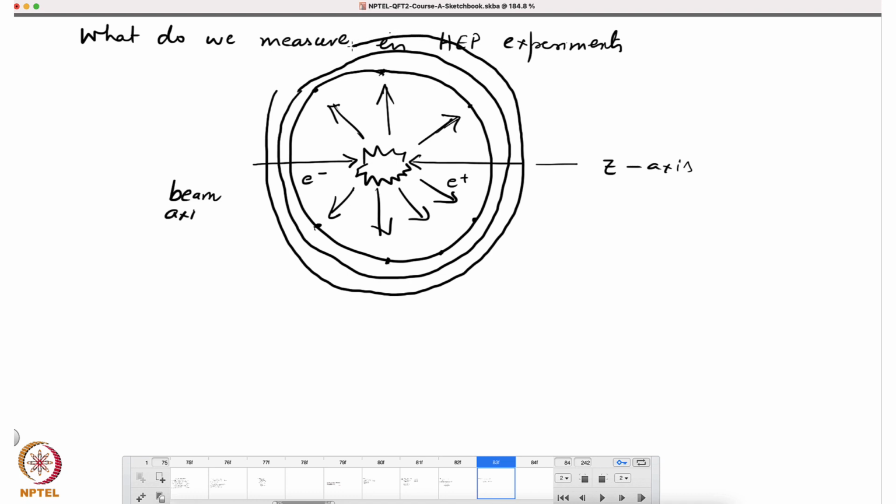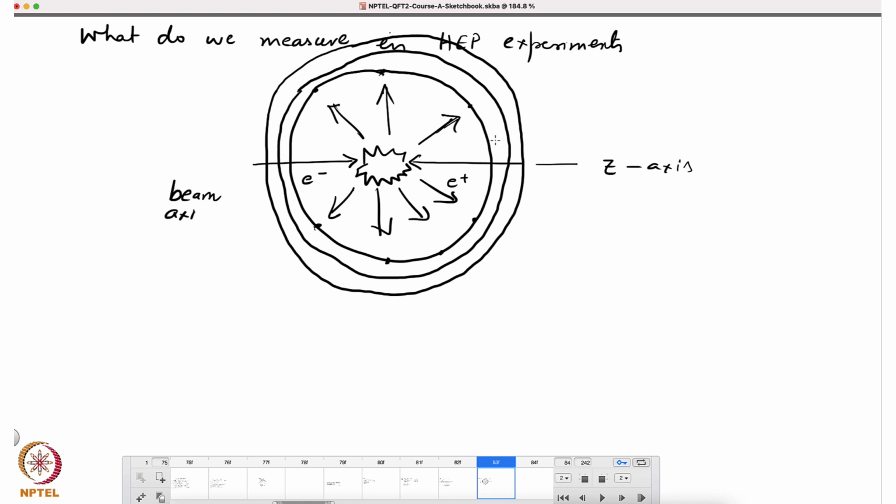And it is still possible that you do not detect some of the particles and they completely escape all these detectors. Okay, like neutrinos will not get detected by this, because they do not get stopped by these detectors at all. Okay, so that is the setup.